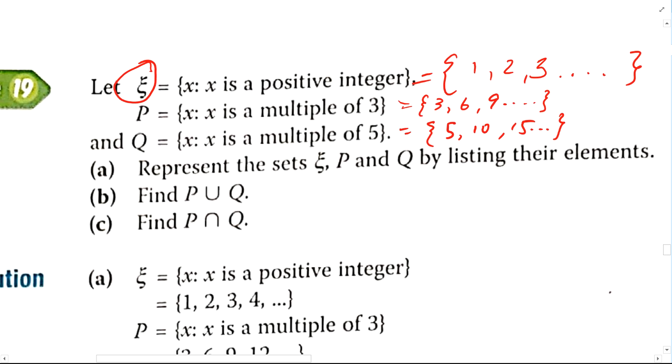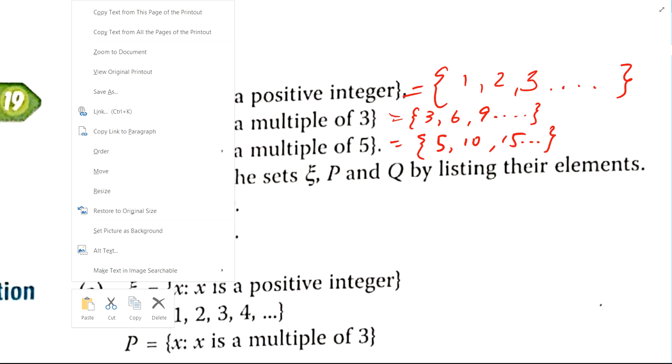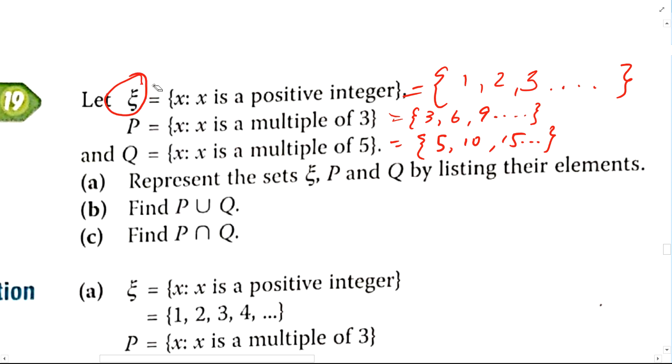Find P union Q. How do we describe P union Q? Everything, right? So I'm going to require 3. I need 5. I need 6, 9, 10, 15. So can you give me a description for P union Q? P is a multiple of 3, Q is a multiple of 5.